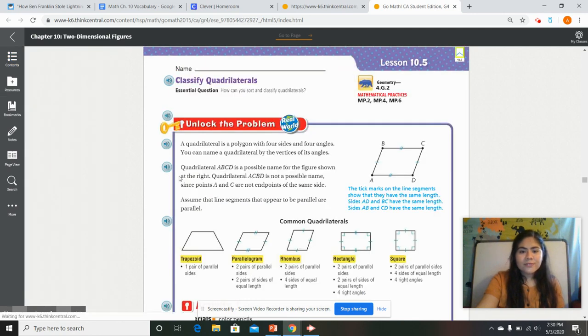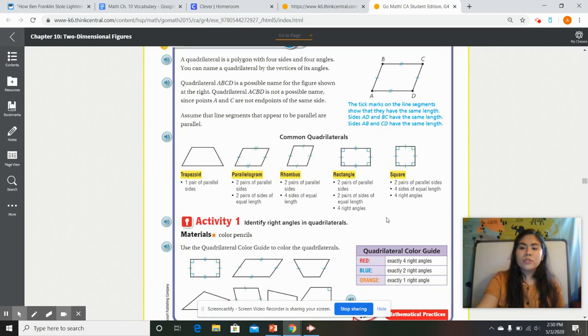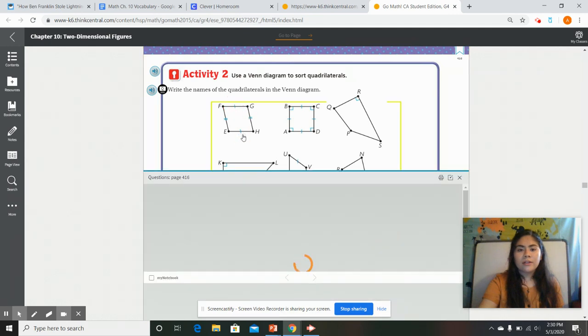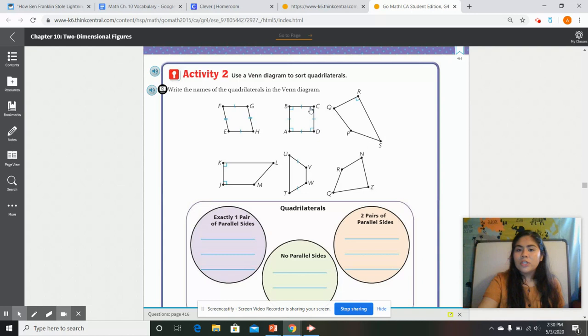These are the names that you need to remember: trapezoid, parallelogram, rhombus, rectangle, square. So your job is to label each of these. Now you have the blue lines on the screen that it shows you here, here, here, right? And then you have right angles that it shows you too.